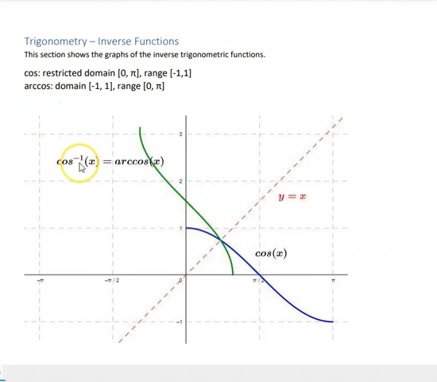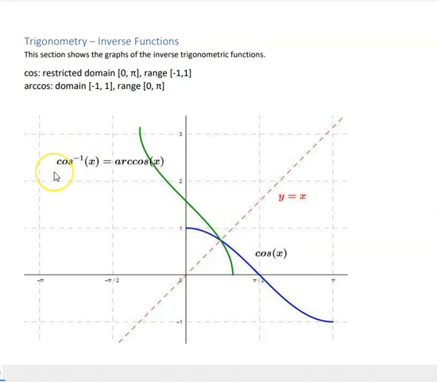or a common notation is to have a -1 superscript to indicate an inverse function. Do not confuse this with an exponent. This does not mean cosine to the -1 power.